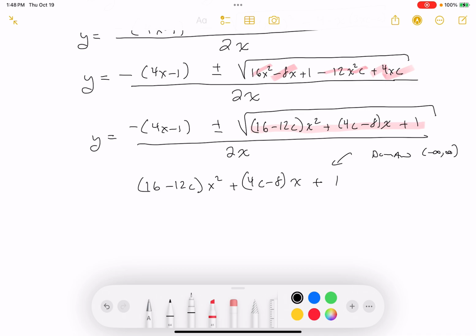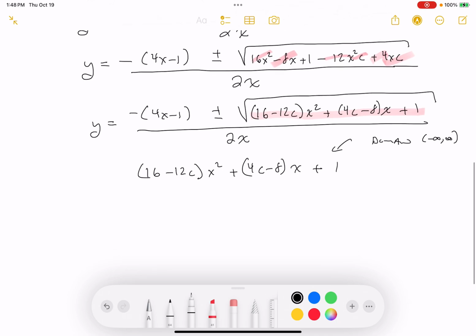So really what I'm worried about is the root of it. I want to make sure that all the numbers are allowed in, and the C's are really going to determine that. So really what I'm looking at is when this would be trouble. And when it's trouble, I want to say that the discriminant of this thing over here, and again, I want this thing to always be pumping back a number to me. So I'm going to look at the discriminant now, right?